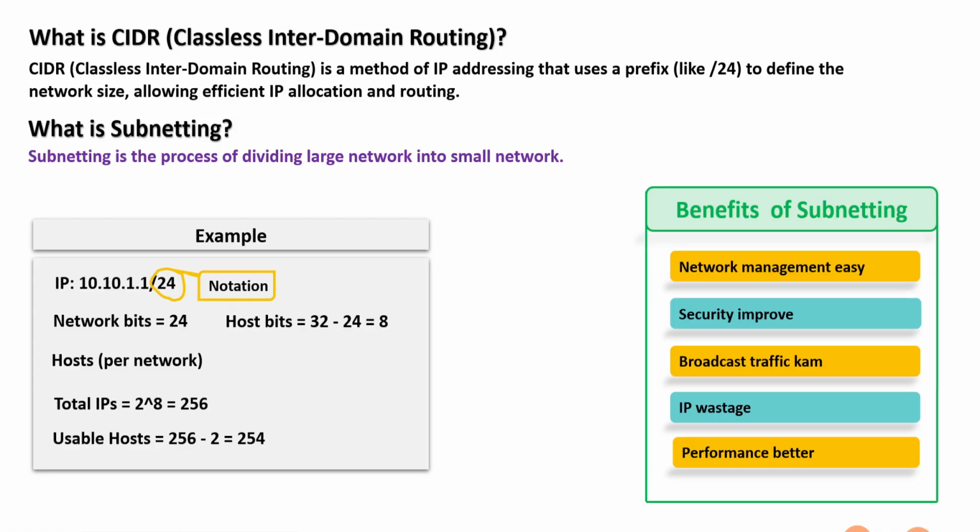And with 8 bits, how many hosts per network will come? 2 power 8 is equal to 256, minus 2, because the first is for the network and the last is for broadcast. So 2 IPs will be subtracted. So total usable IPs you will get are 254 per network, right? This many devices you can run on a single network.